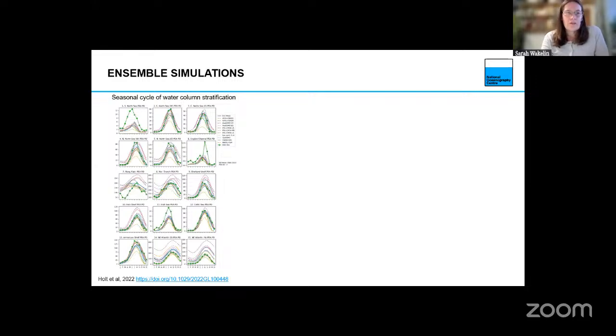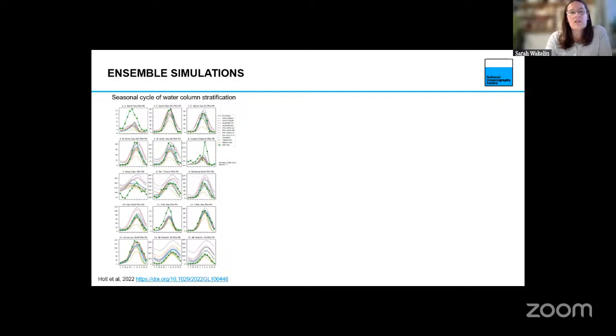So just very briefly, this is from Jason's paper, of the 11 members of the ensemble, comparing the strength of the water column stratification with observations. And I think you can see from this, the dotted line, the green dots, is the observations. Some of the ensemble members do better than others. And so this can be a way of improving your faith in the model and removing biases.